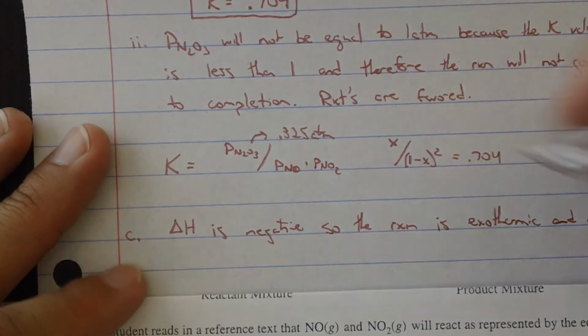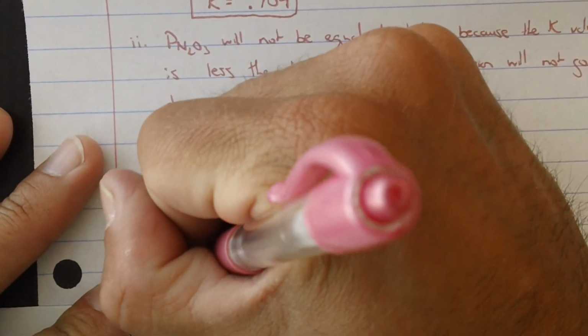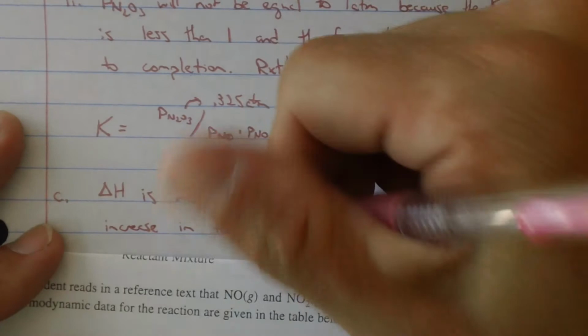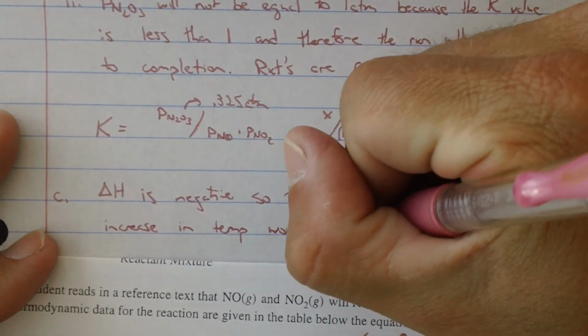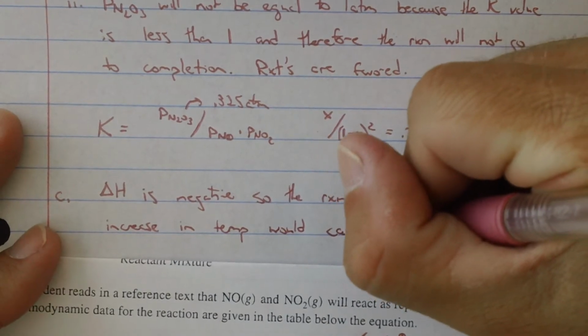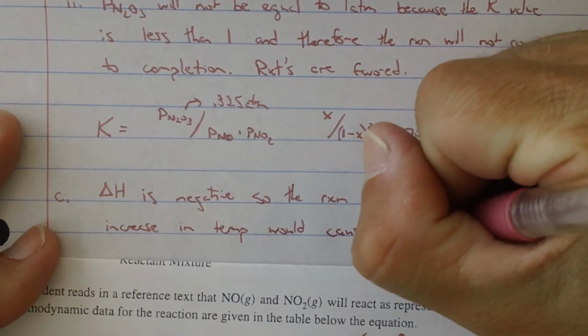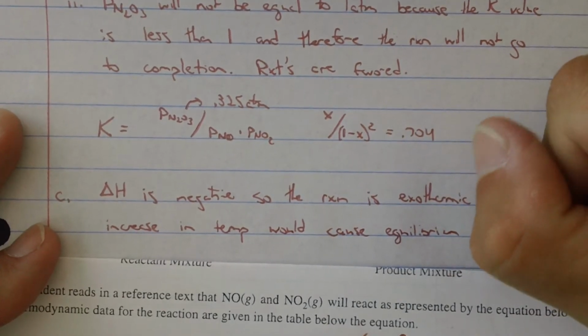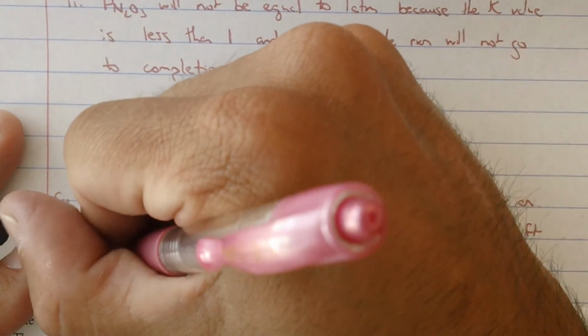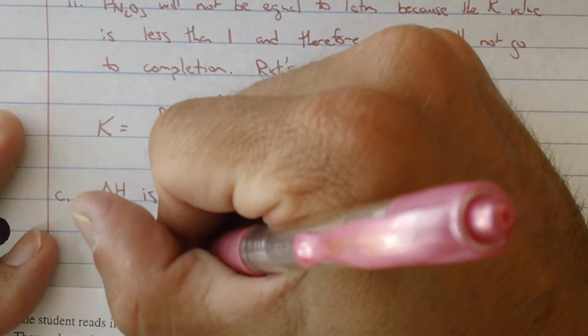So the way you say it is: delta H is negative, so the reaction is exothermic, and an increase in temperature would cause equilibrium to shift toward more reactants.